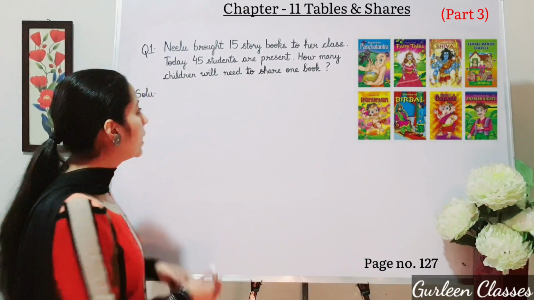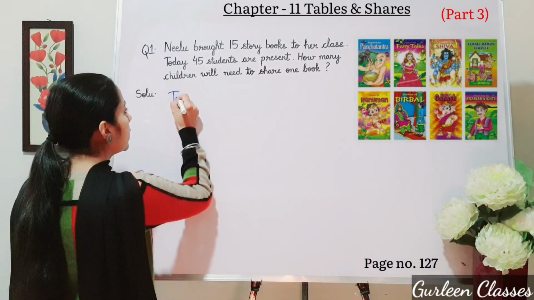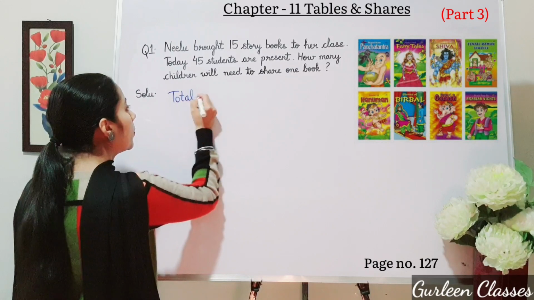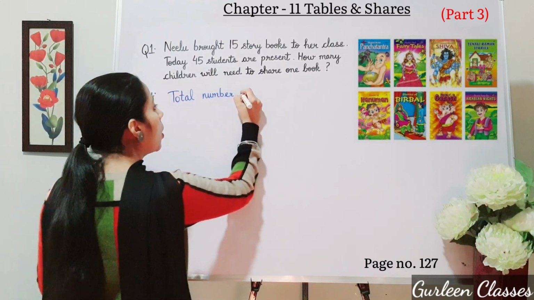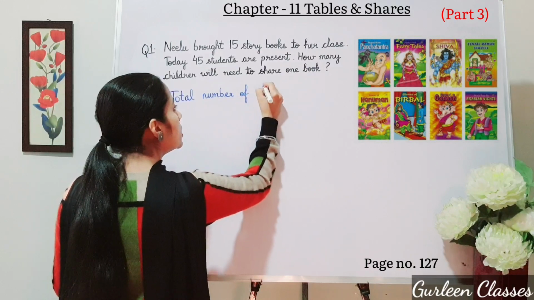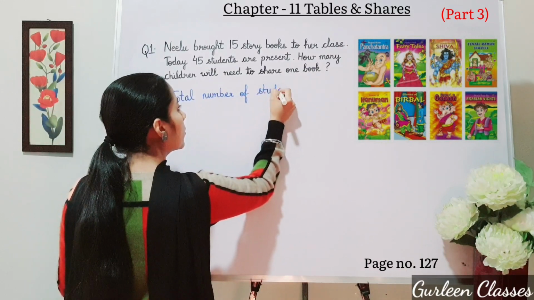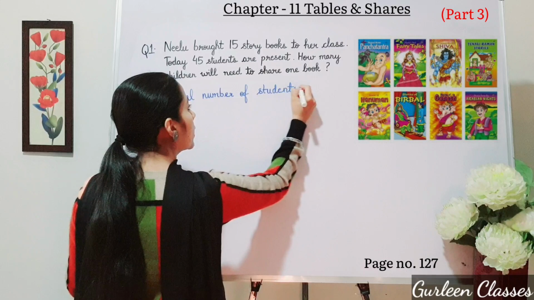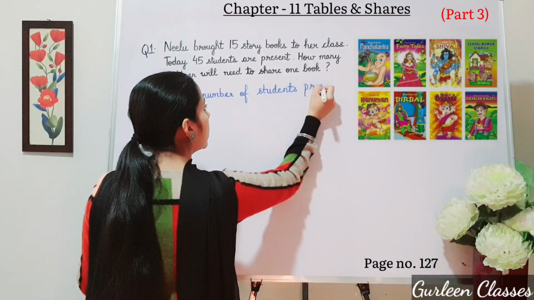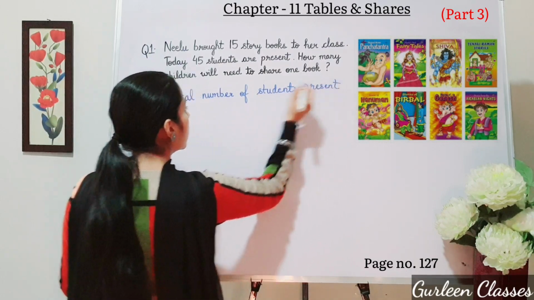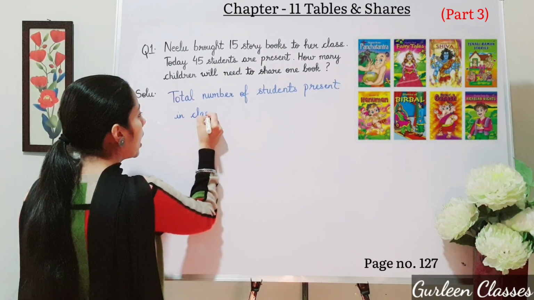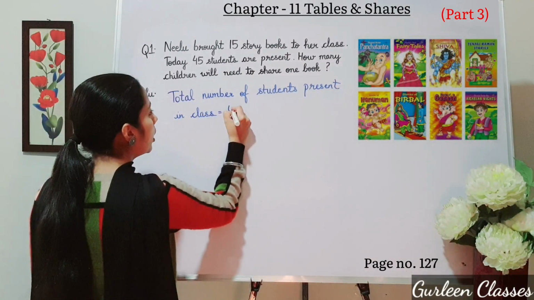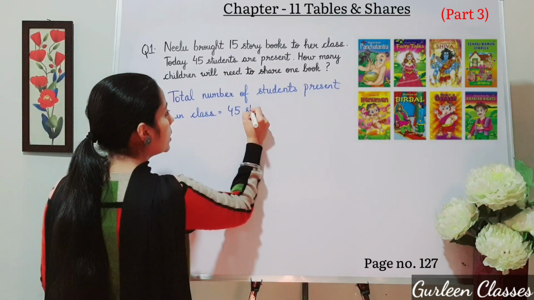So let us write here: first statement is total number of students present in class. How many students are present? 45 students.